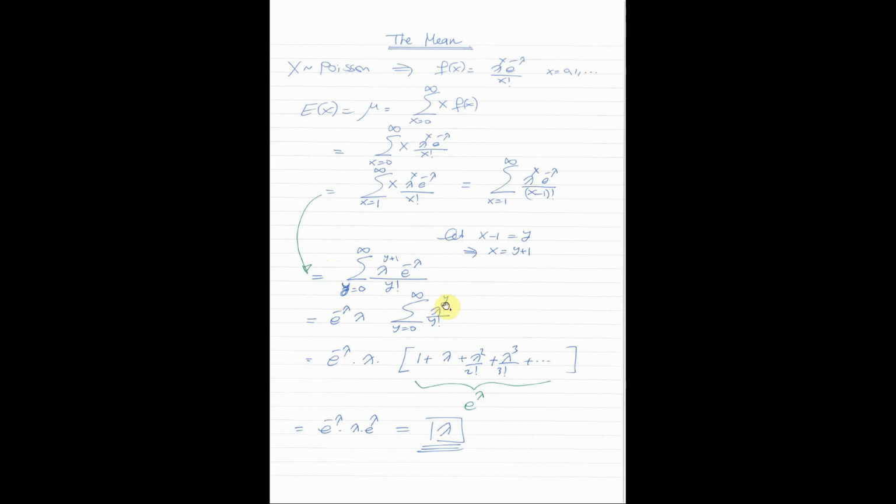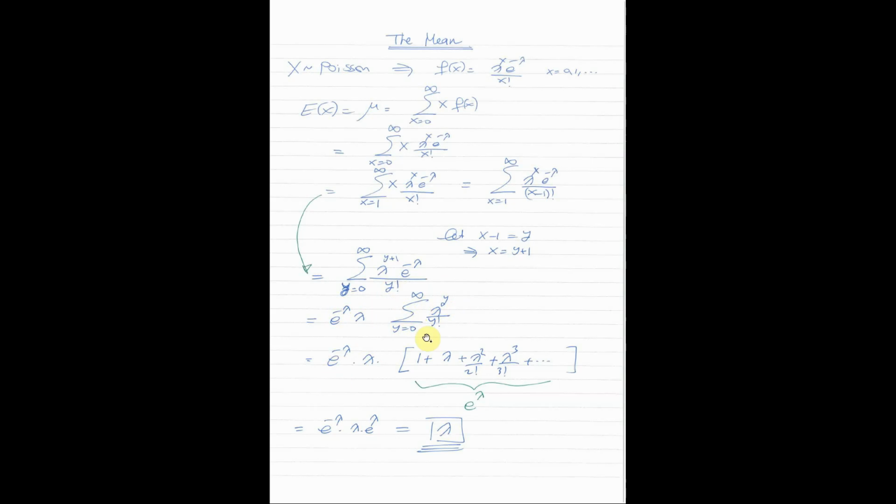So that lambda is constant. It comes out, and then inside I have only lambda to the power of y over y factorial. So e to the power of minus lambda times lambda is constant outside.